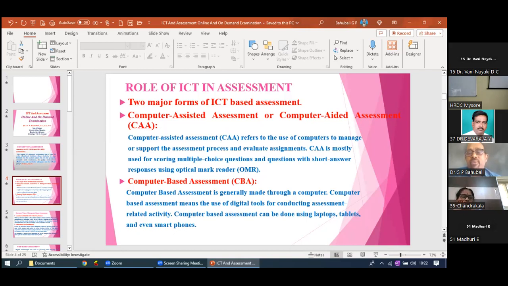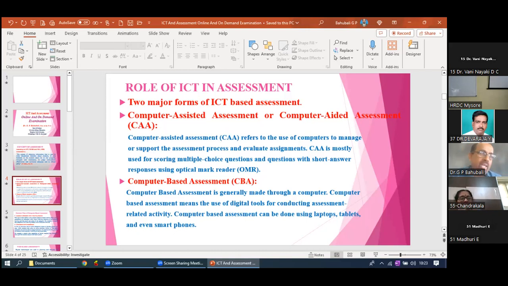The process evaluates assignments or learning, and mostly CAA is used to score multiple choice questions and questions with short answer responses using an optical mark reader, OMR.